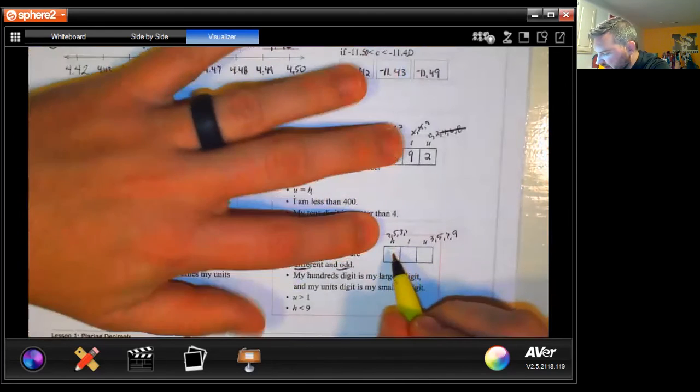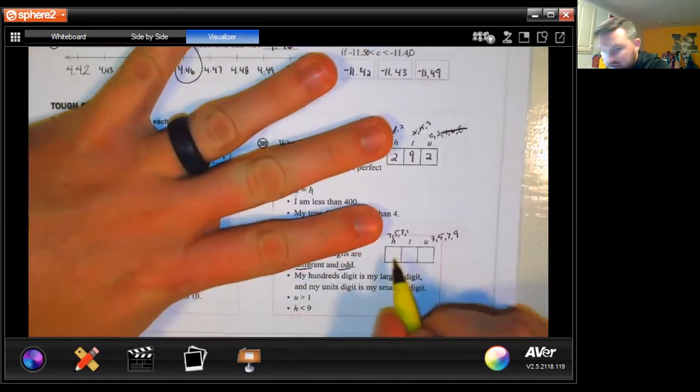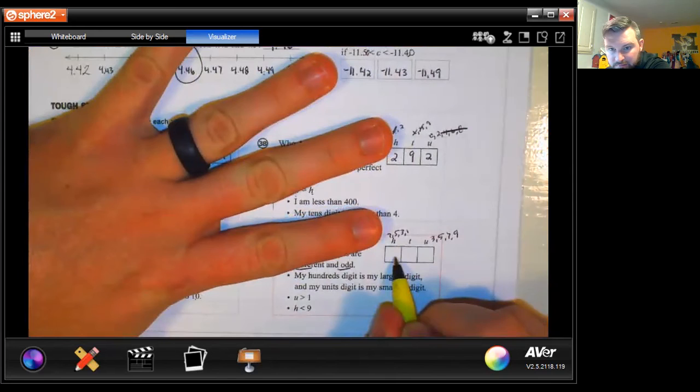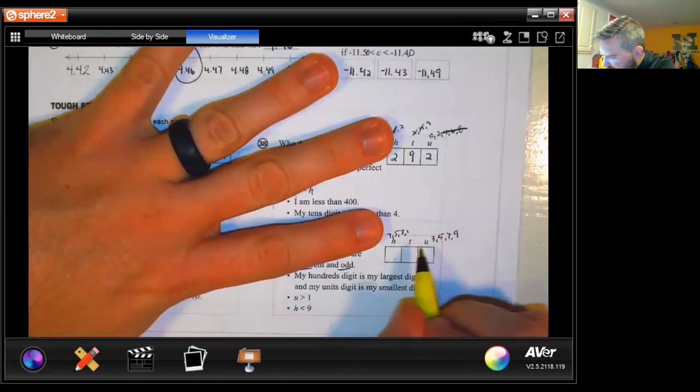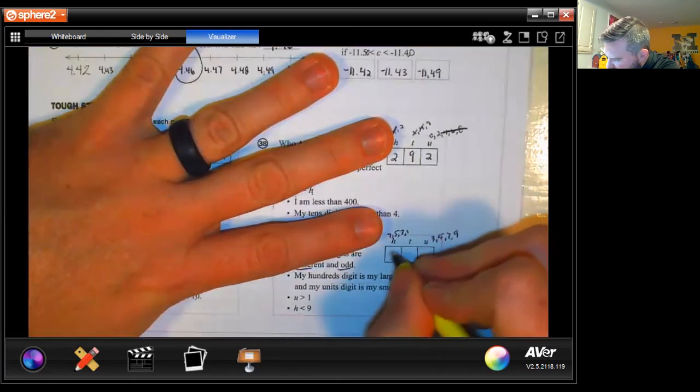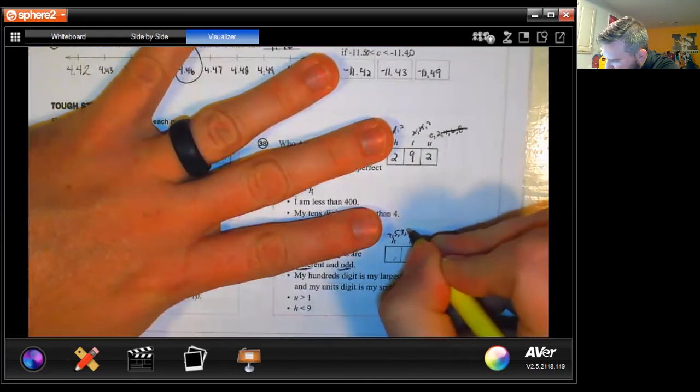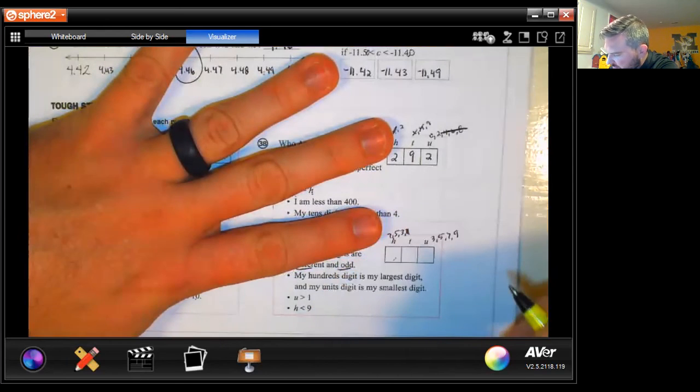But let's see here. If I start here at 7, and this is the smallest one, let's say 3, that means this could be 5. This cannot be a 1 and this cannot be a 9. So it kind of separates. This is the biggest number, so it cannot be a 1 because 1's the smallest number.